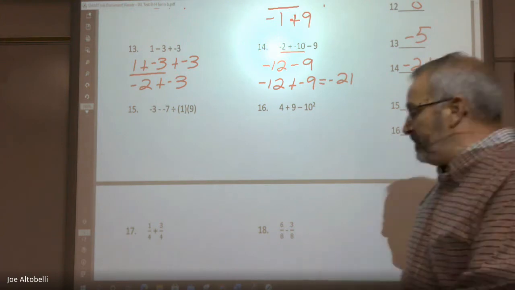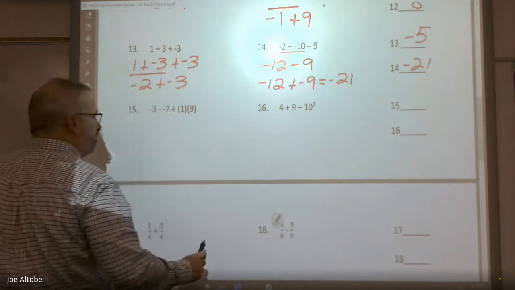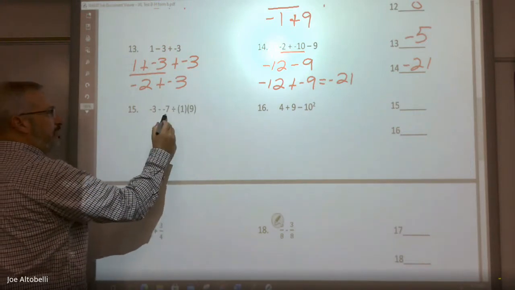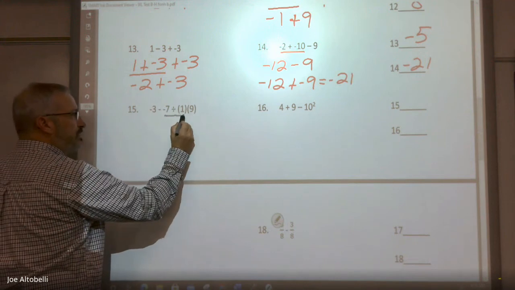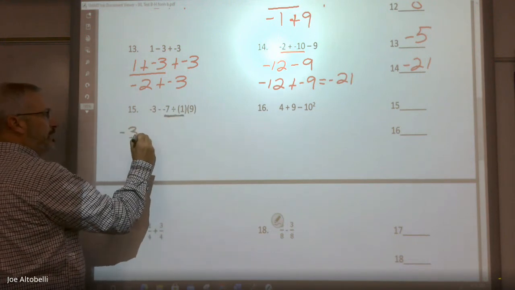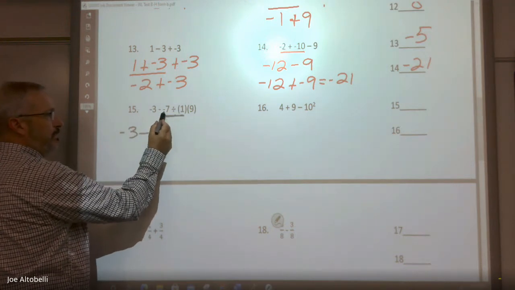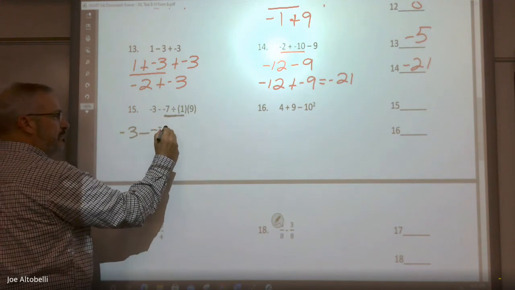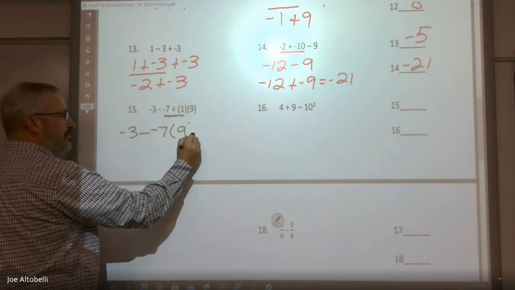All right, order of operations. I'm going to multiply or divide before I add and subtract. With the multiplying and dividing, I work left to right, so I'm going to do this dividing first. So that's going to be -3 minus, and when I do that, 7 divided by 1 is 7, so I get -7 times 9.